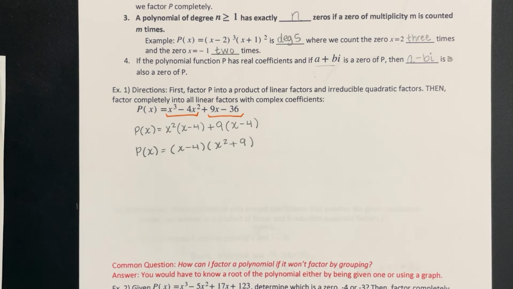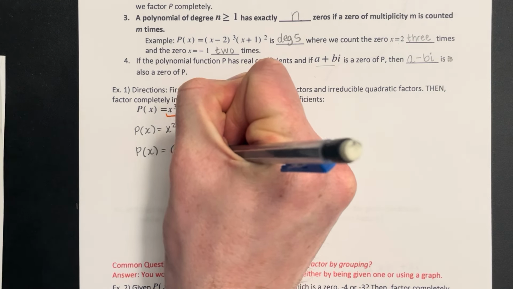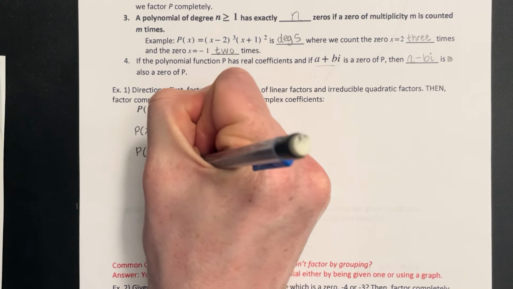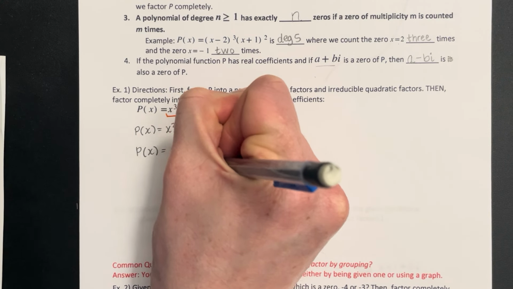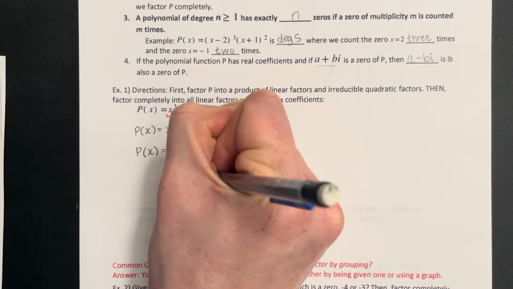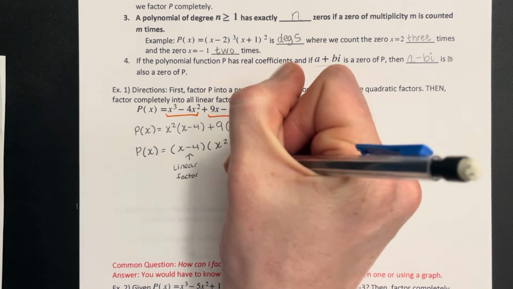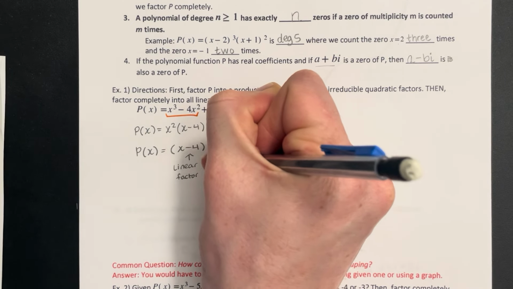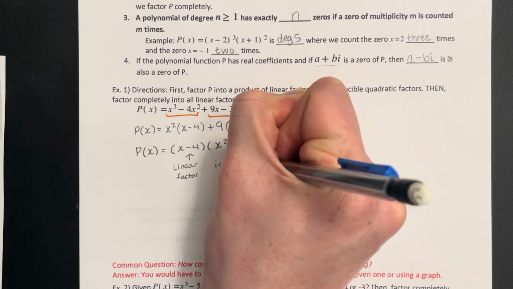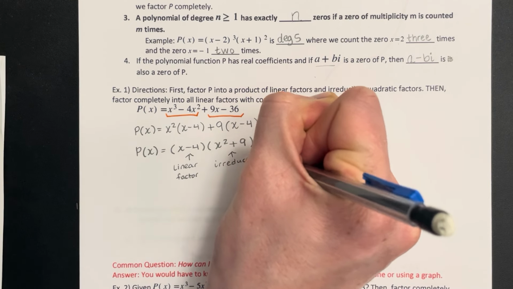This is a product of a linear factor and an irreducible quadratic factor. This x squared plus 9 cannot factor more. So x minus 4 is our linear factor, and x squared plus 9 is your irreducible quadratic factor.